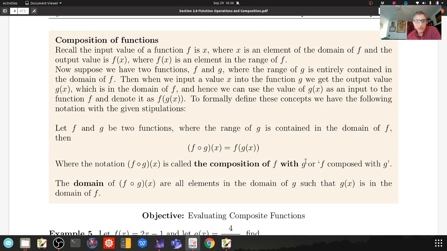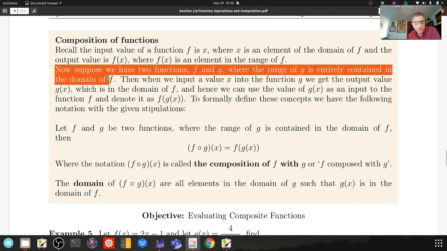So let's suppose we have two functions f and g, where the range of g, that's the output set, is entirely contained in the domain of f. So that's the important clause right there. When you say entirely contained in the domain of f, they can be the same set, or the domain of f can be a larger set than the range of g, but it still contains it.